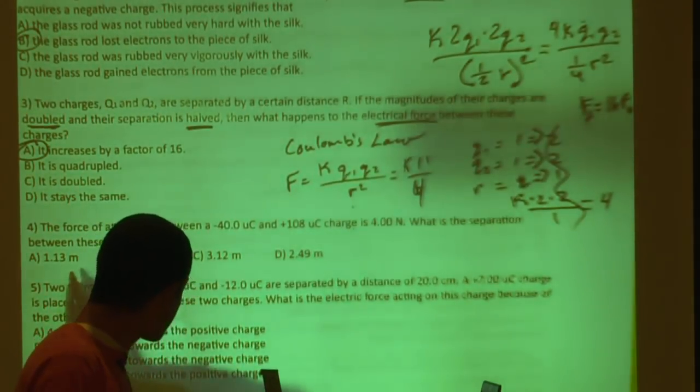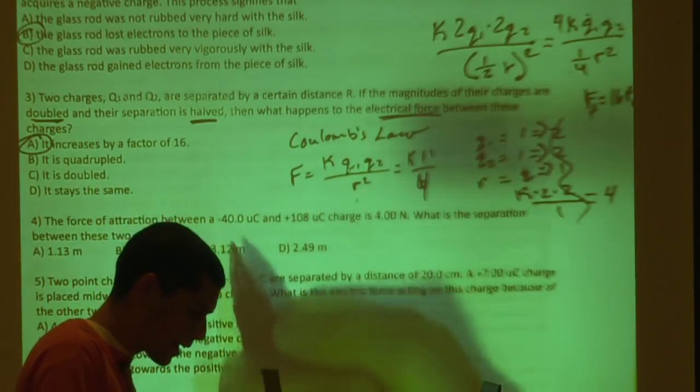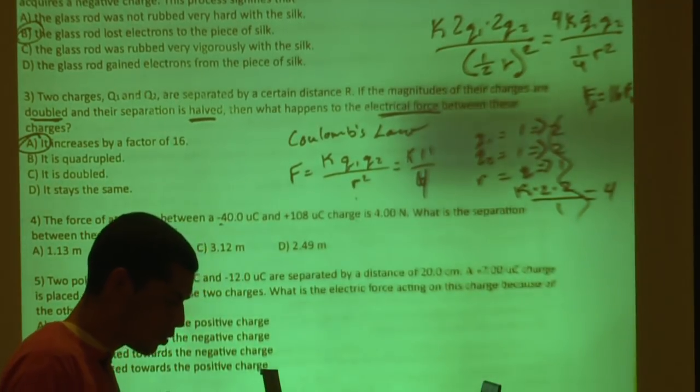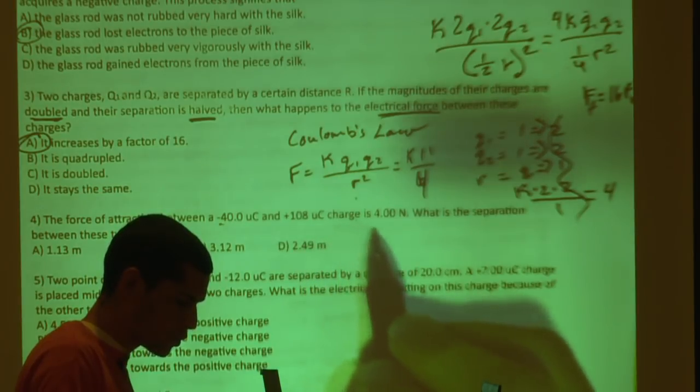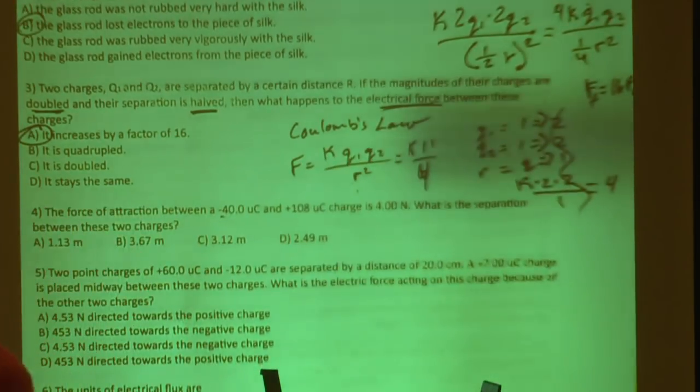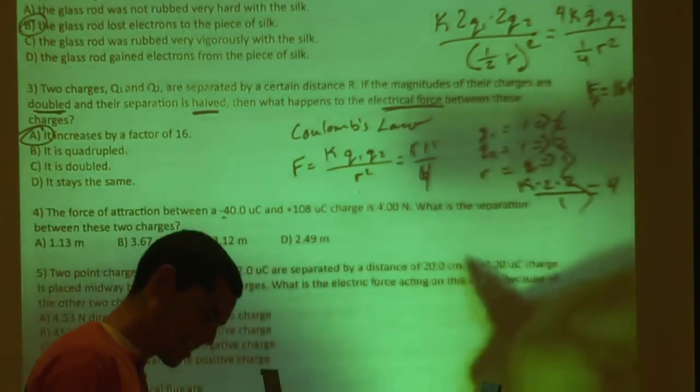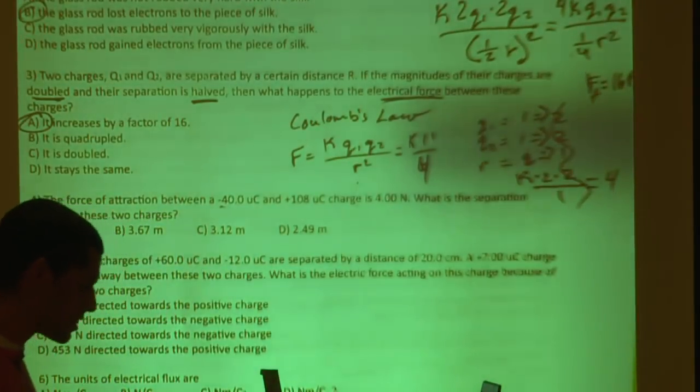So let's see, the force of attraction between a negative 40 microcoulomb and a positive 108 microcoulomb charge is 4 newtons. I put a little u because I didn't know how to do micro on Microsoft Word. But what is the separation between these two charges?